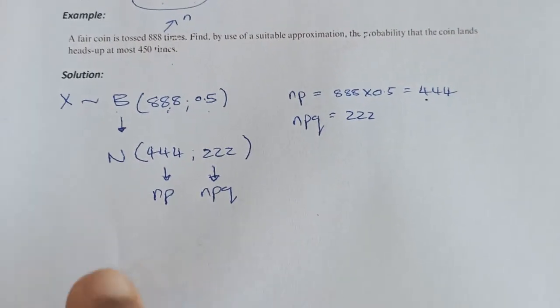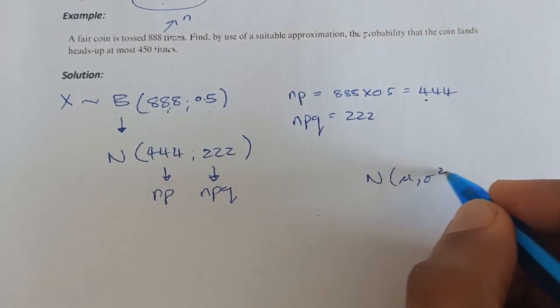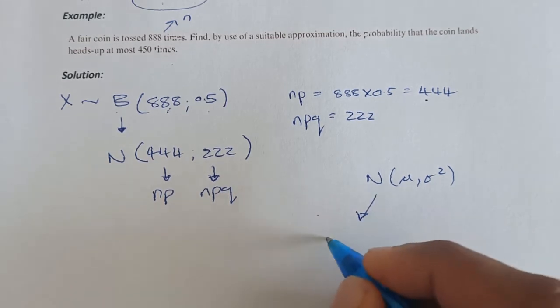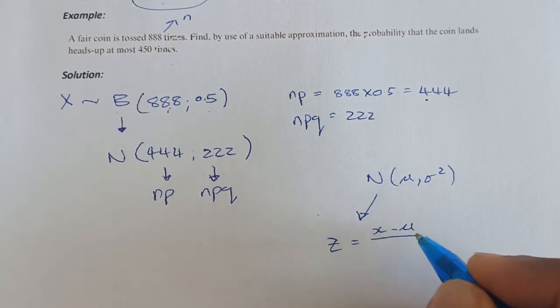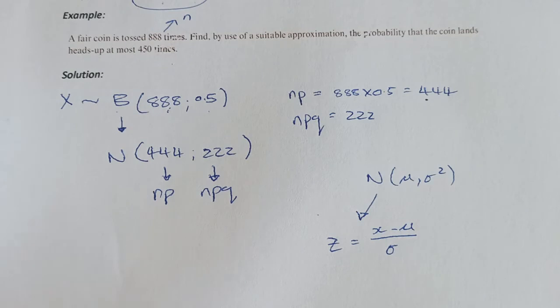And just like any other ordinary day where we have the normal distribution with our mean and our variance, we can then standardize it by taking z is equal to x minus mu over sigma. And just remember, this is sigma squared, so we have to square root it to get it into the formula.